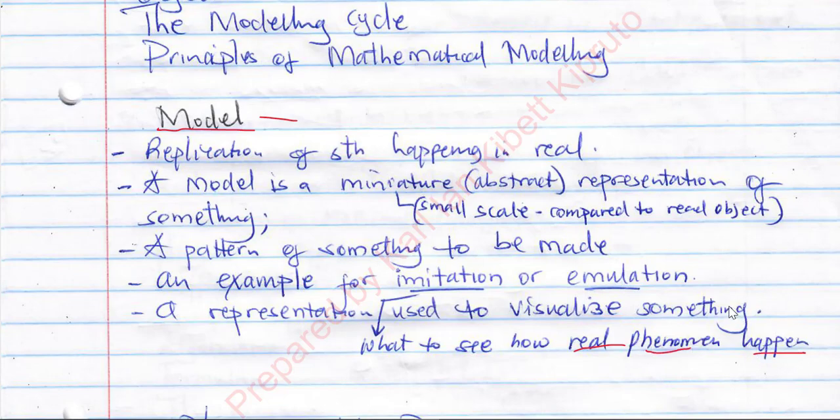That's what we call a model. There are so many types of modeling that we shall go through, but to model is simply to make a replica of something in real life, or an imitation or emulation of a real life situation, so that you can see how the object and the model look.